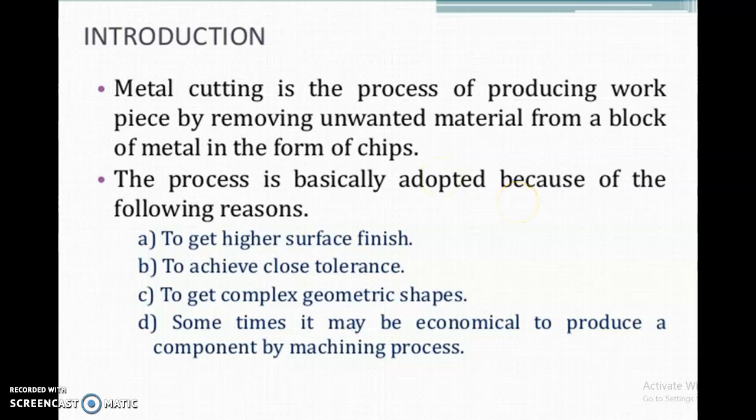If you want to get a required shape, you have to remove the excess material from the workpiece. It is called metal cutting. This process is adopted for the following reasons: to get higher surface finish, to achieve close tolerance, to get complex geometric shapes. Sometimes it may be economical to produce a component by machining process.